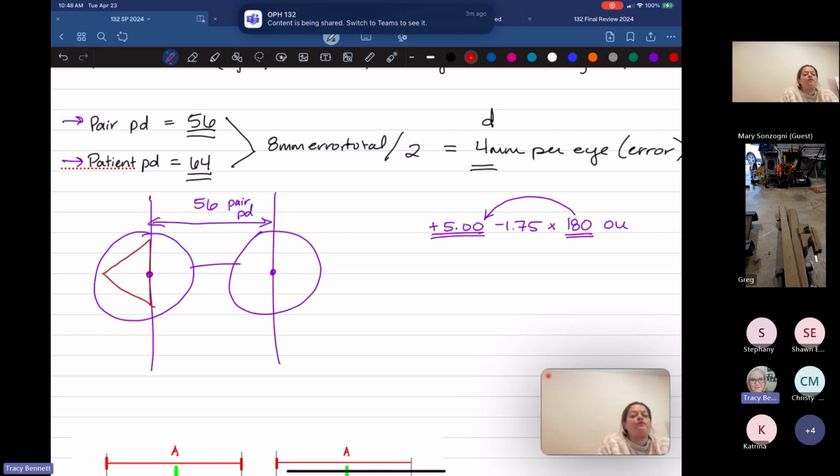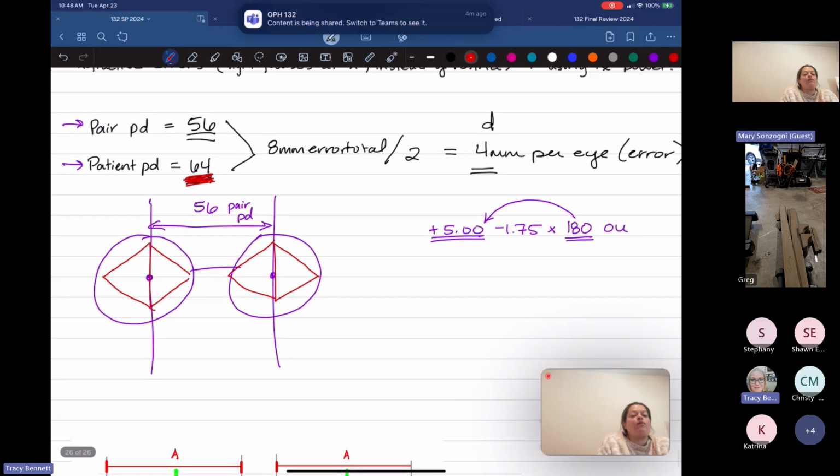So my lens is going to look like this, right? And then my patient's eyes are actually at 64 millimeters. So are my patient's eyes nasal to the OC or temporal to the OC? I want to say temporal, but I'm not sure.